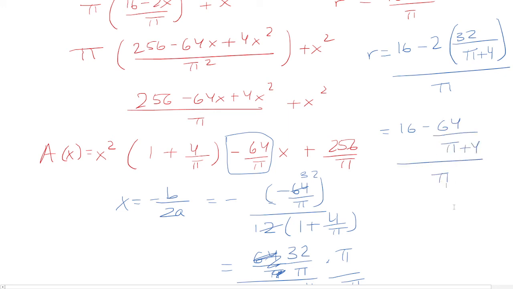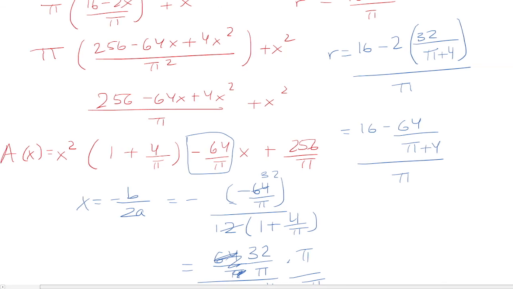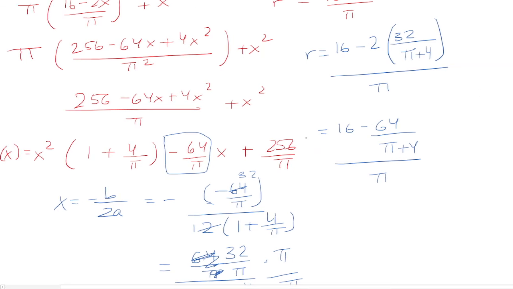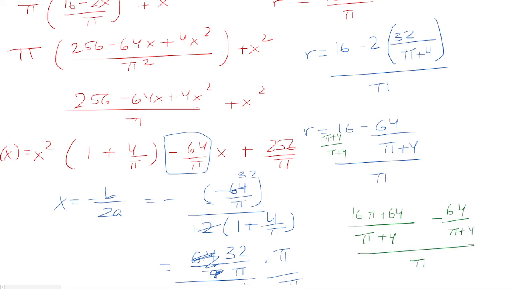That's going to be all over pi. I'm going to get a common denominator with 16, so that means I'm going to multiply top and bottom by pi plus 4. So it's 16 times pi, and then 16 times 4, all over pi plus 4, minus 64 over pi plus 4. That's going to be all over pi.